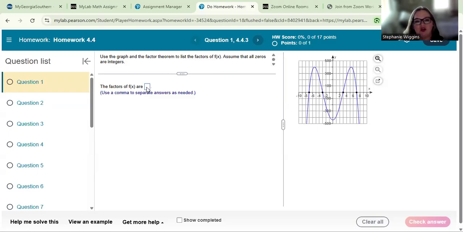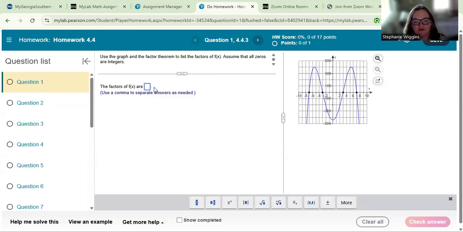So the factors that go with those are x plus 7, x plus 3, x minus 3, and x minus 7.